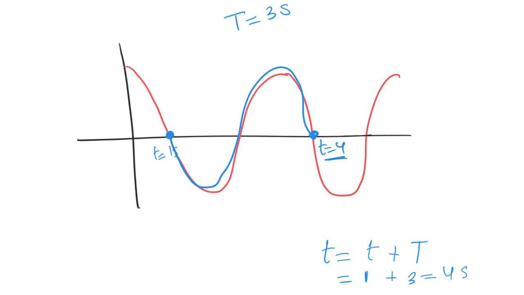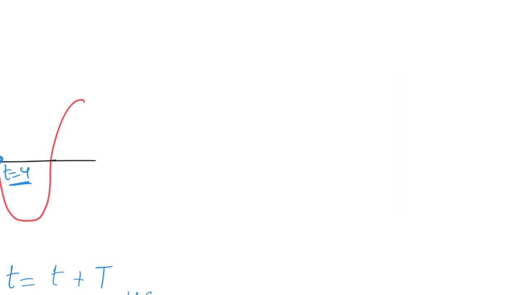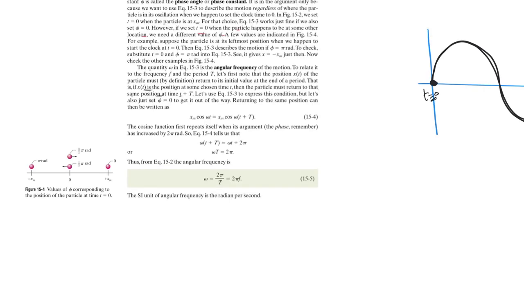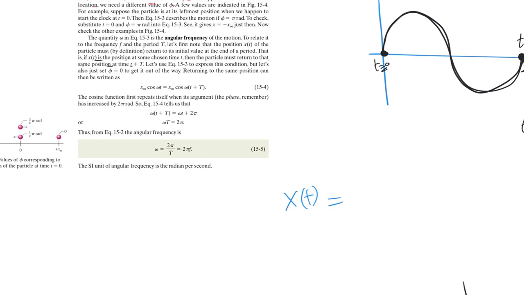So those things only explain that the particle returns to itself after a time equal to the time at that position plus the time period. So the particle at a time t must be in the same position at t plus T capital.